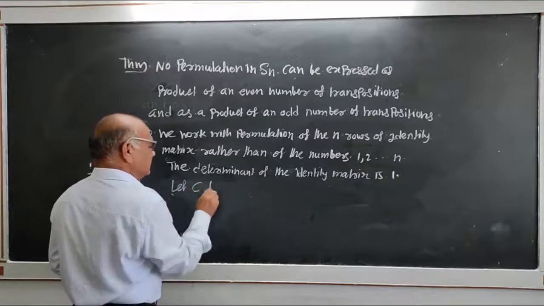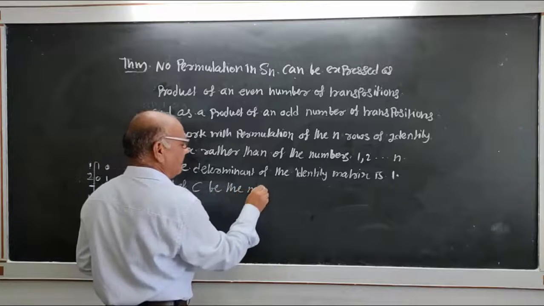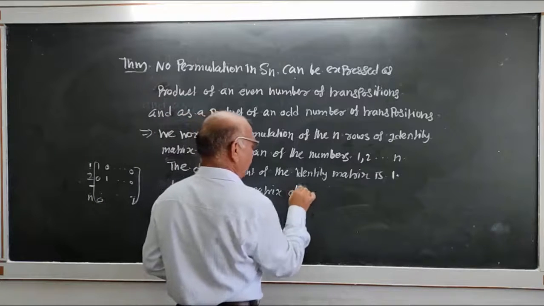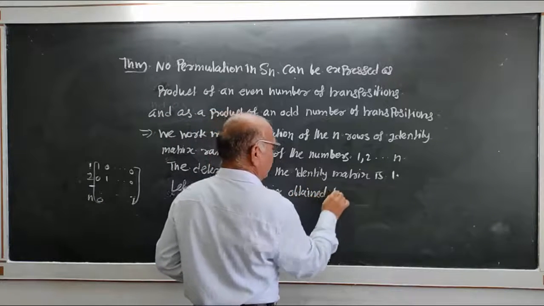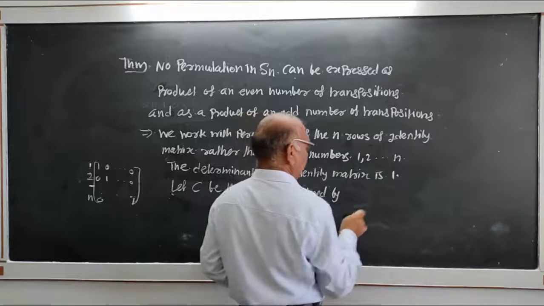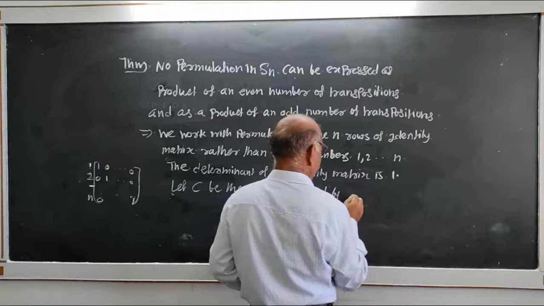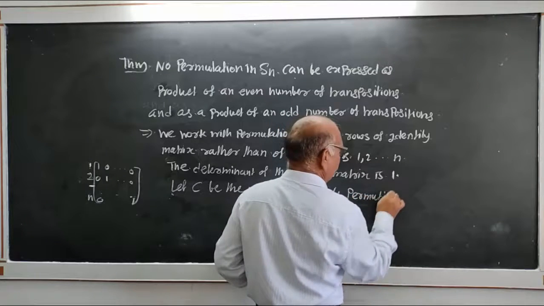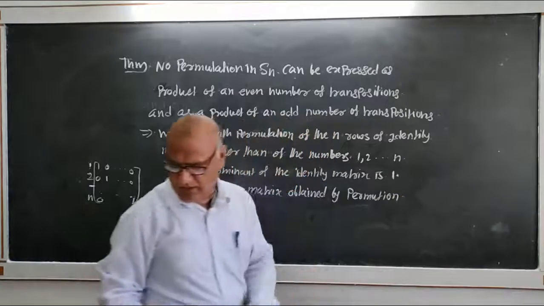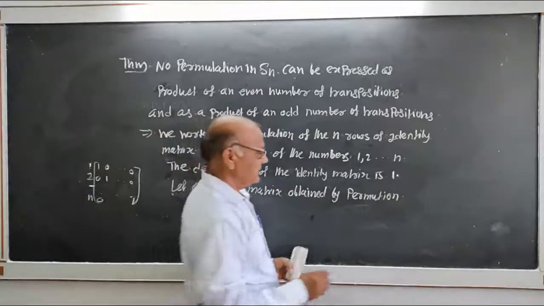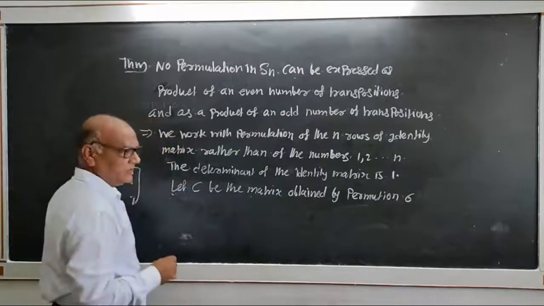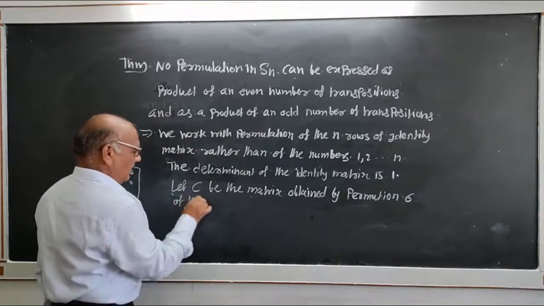Let C be the matrix obtained by permutation sigma of the rows.